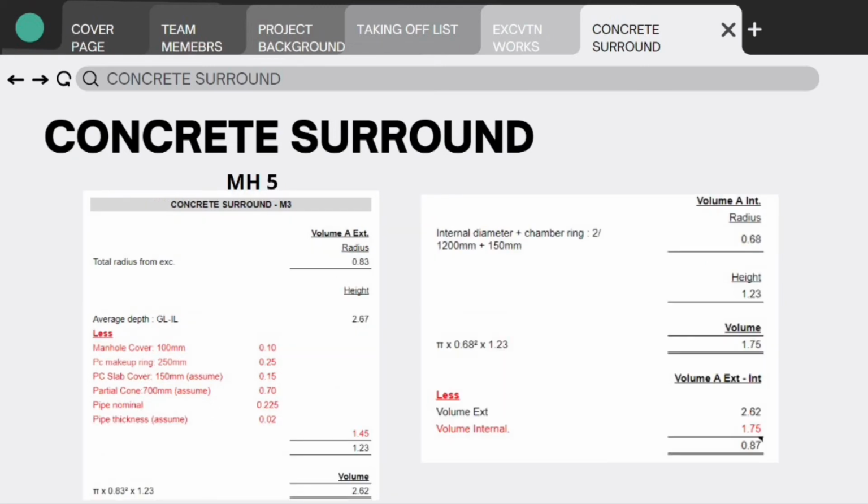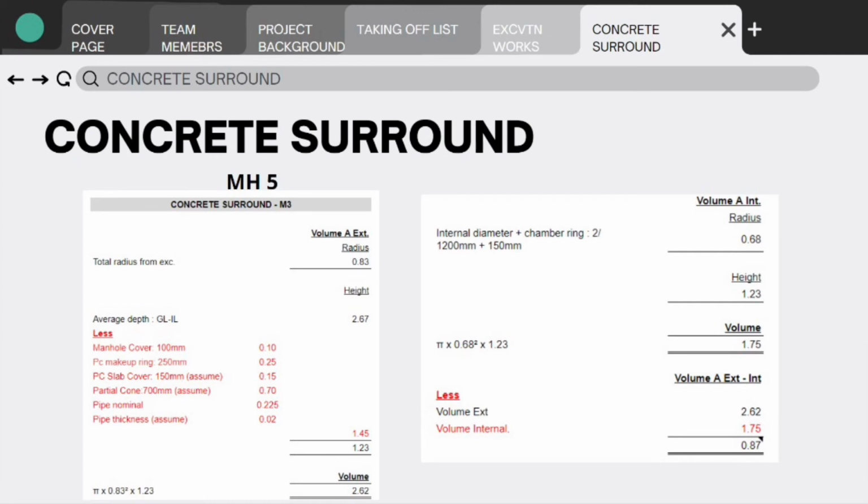Concrete surround for MH5, firstly we have to calculate the volume A external. The radius is 0.83, taken from the total radius from excavation. The height is 2.67, the average depth of MH5.